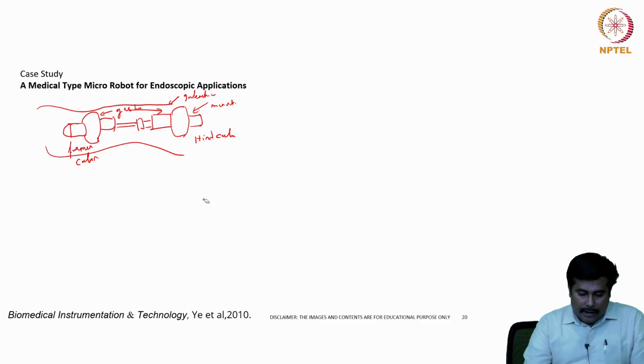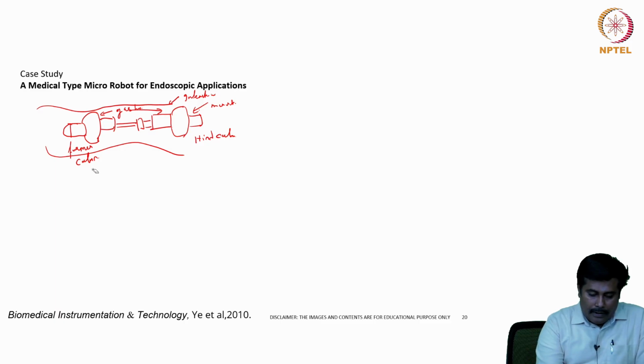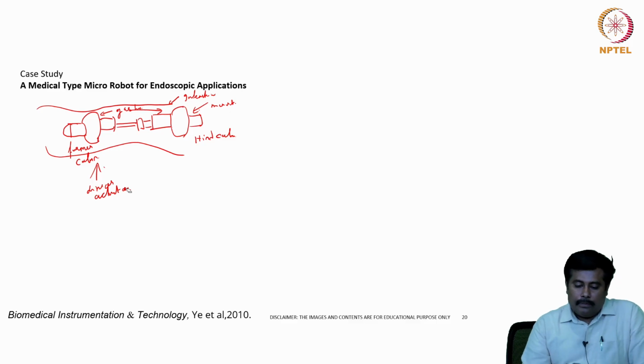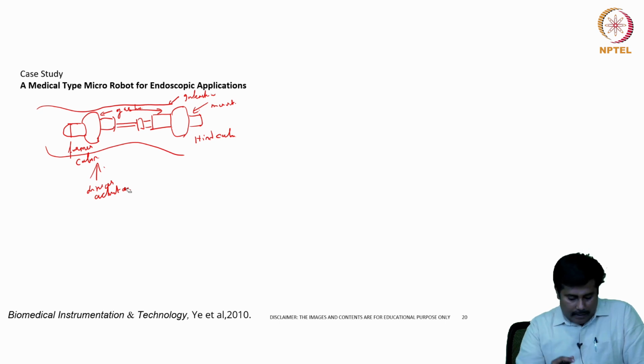Another linear actuator will be assembled in the front cabin to realize the fore and after movement. So, the micro robot can propel and bend itself to simulate the inchworm like movement.